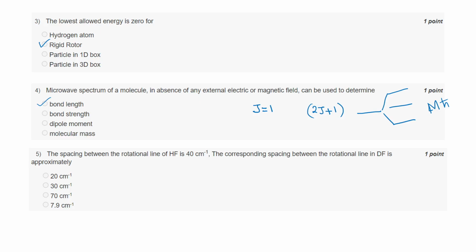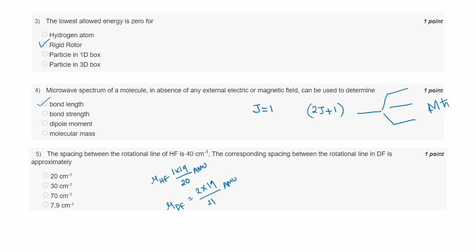For HF the reduced mass is 1 into 19 by 20, and for DF it is 2 into 19 by 21. The reduced mass will increase, it is going to be more than before, definitely.